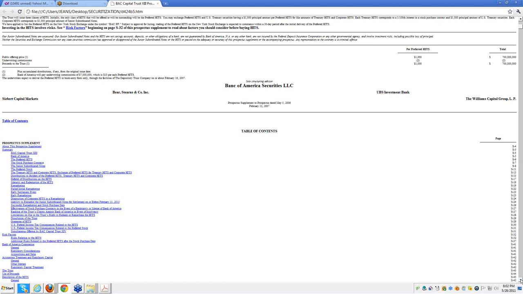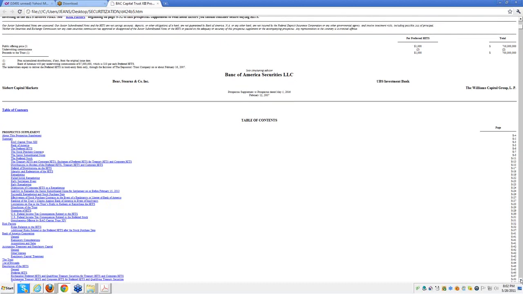And it always gave us the section where the trust was identified. That's been a number of years ago, though. Okay, here's the trust.